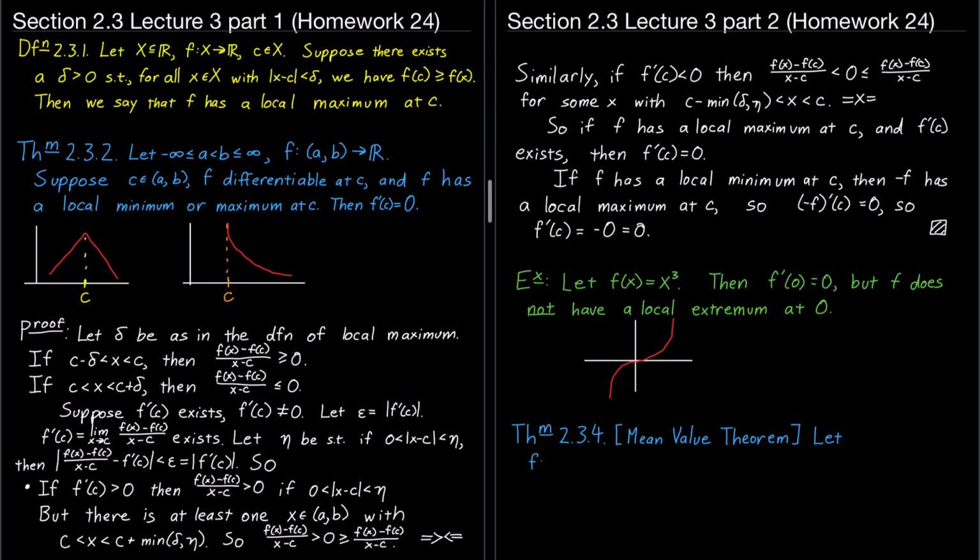Let f be a function whose domain is this closed interval from a to b. This is a closed bounded interval. a and b are both real numbers with a less than b.